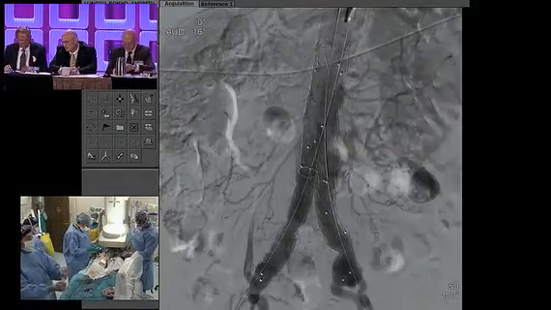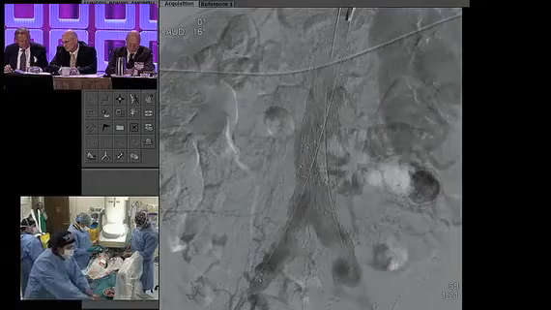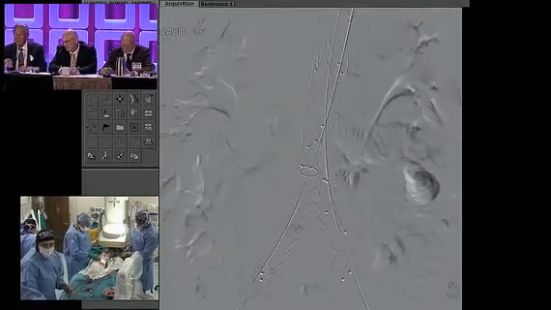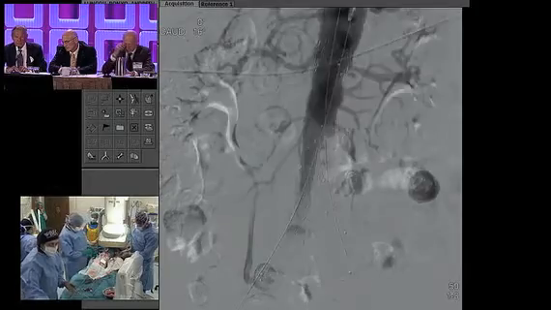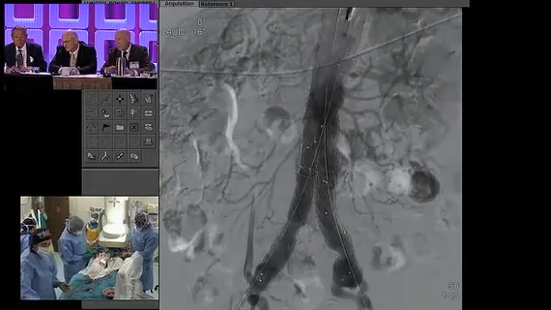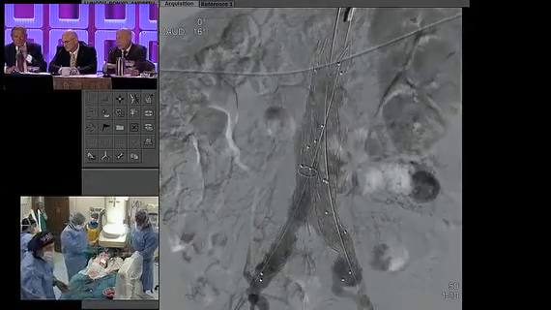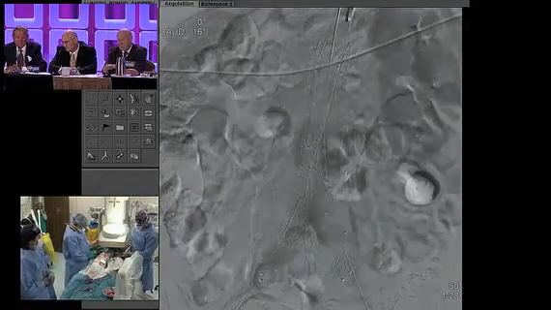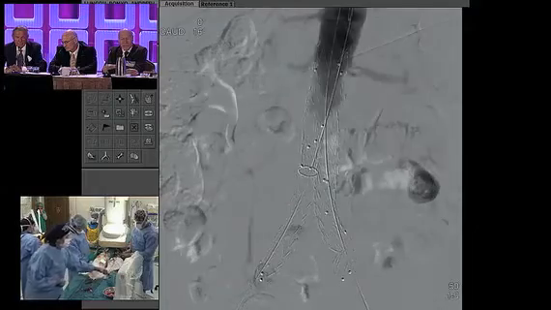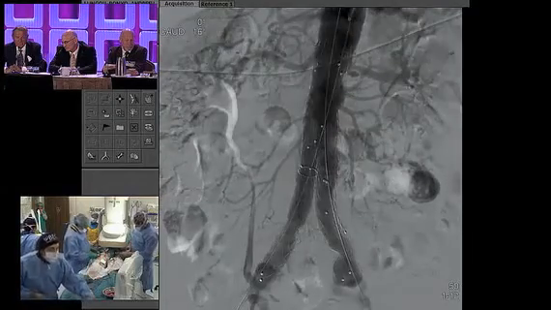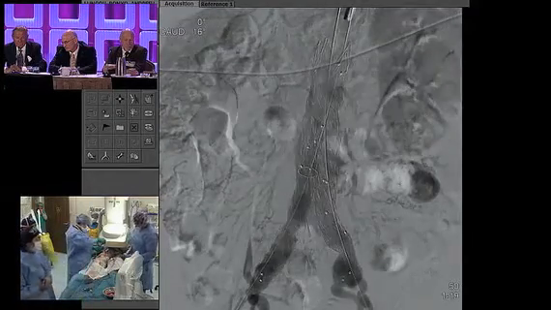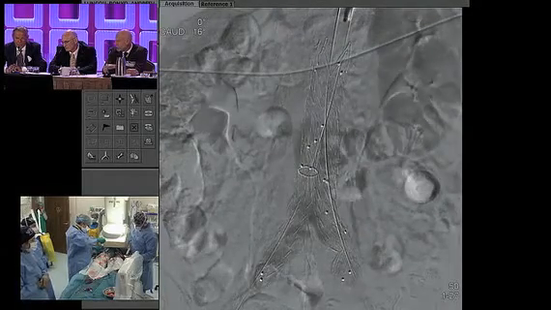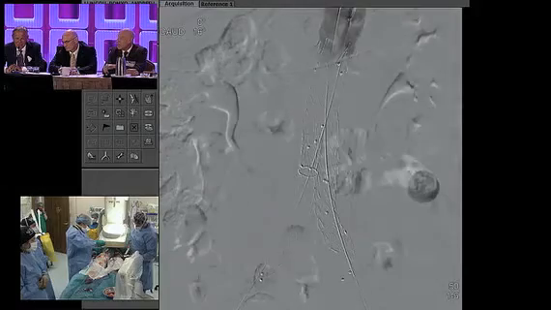And in case you agree, our intention is to leave it like this on this level, to follow the patient very strictly, and in case there is active and increasing diameter of the left iliac aneurysm, to add a stent graft just covering the distal part. What's your opinion? The audience was pretty much mixed here, Ivo, so I think you have some latitude in how you go about this.